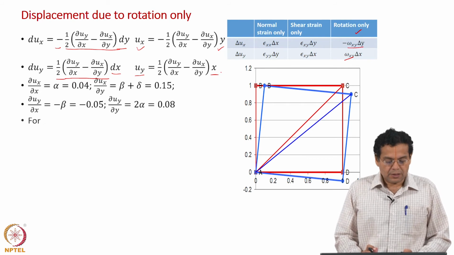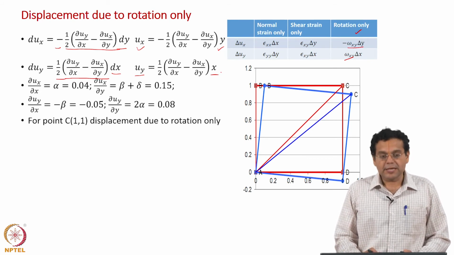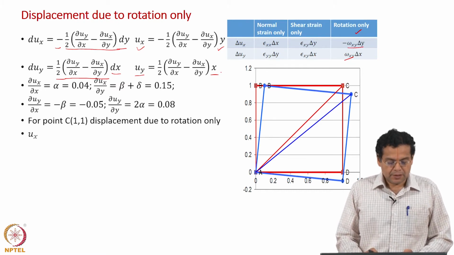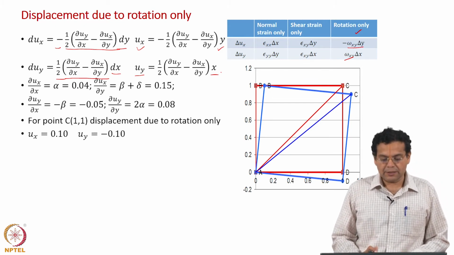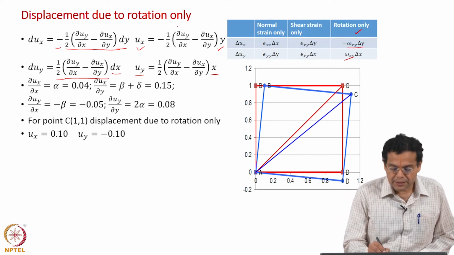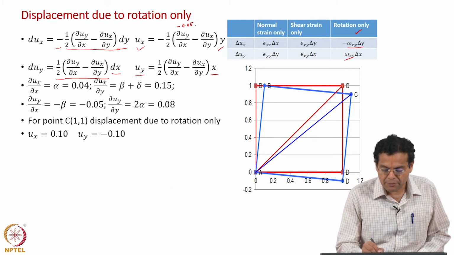Okay. So, once again for point C, displacement due to rotation only, u x is equal to 0.1, u y is equal to minus 0.1. So, how do you calculate? Dou u y by dou x is minus 0.05, and then you have dou u x by dou y, which is plus 0.15, but you have minus here.